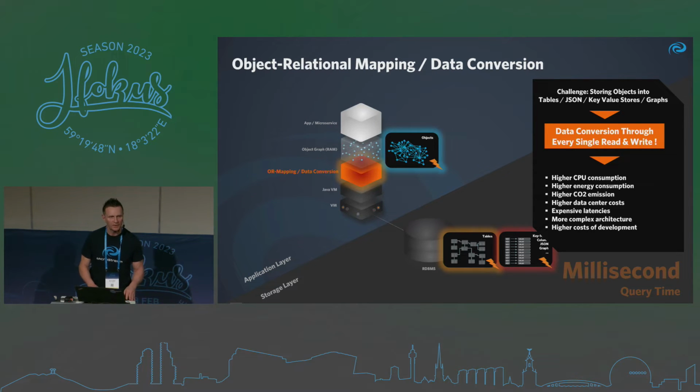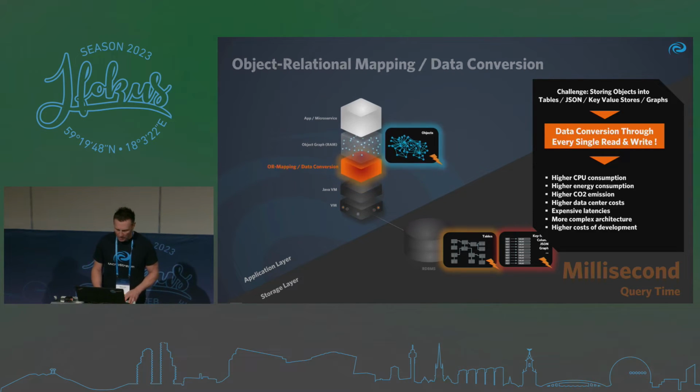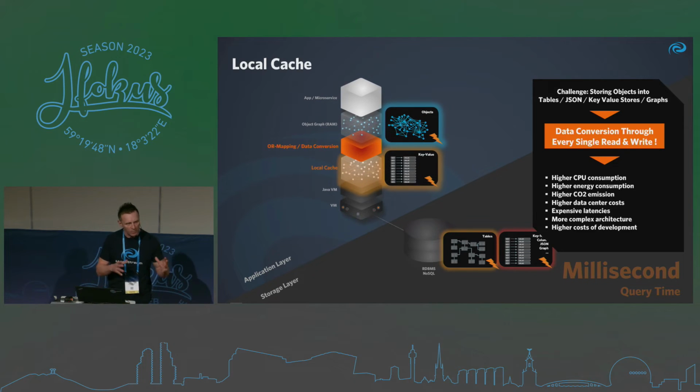Is Hibernate actually fast? Who has performance issues with Hibernate? Yeah, many people, of course. It is not that fast. The question is why? Because of this object relational mapping behind the scenes, through every single read and write we need an object relational mapping, or a creating of SQL code. And this is expensive. This is one of the reasons why we have latencies all the time.